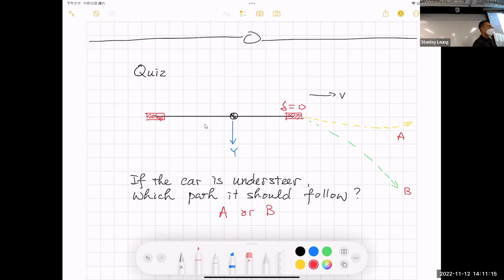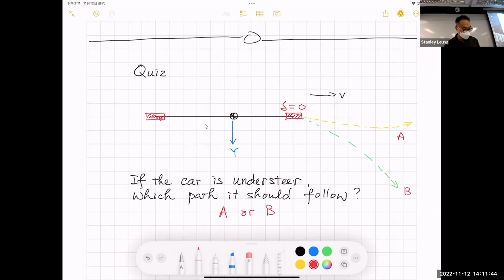So if you have a force going like this, it is just like a car going around a corner like this. If you think about this, then you figure the force, and if it is understeer, it goes out. So be careful about this.